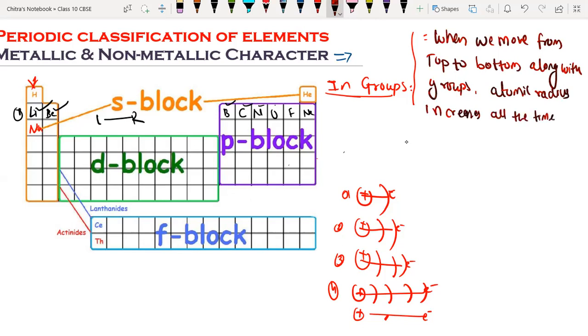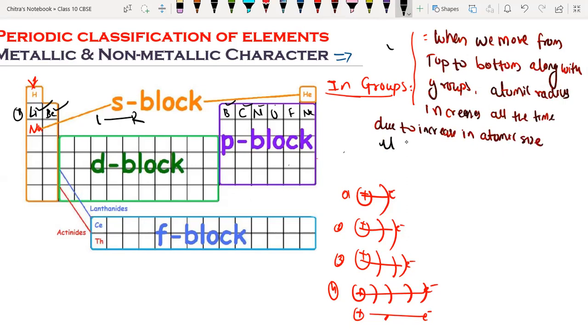So I'm writing here the reason: due to increase in atomic size.